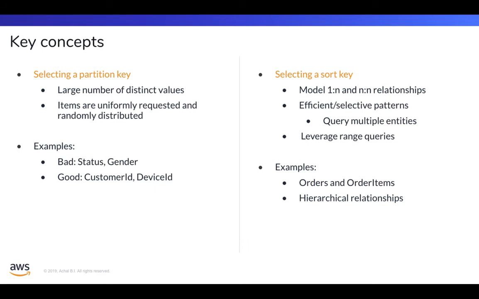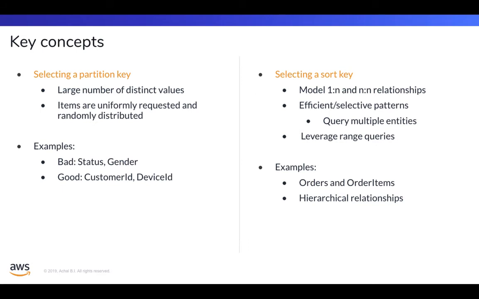So these are bad attributes to be used as a primary key. Good attributes would be customer ID or device ID or any ID for that matter. Or you could create your own hash or UUID to be used as a primary key or partition key.